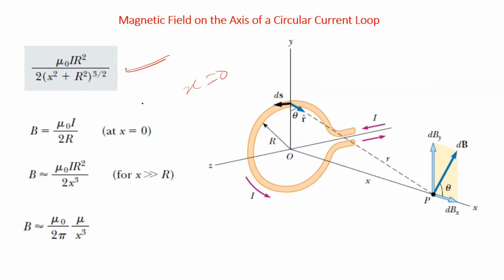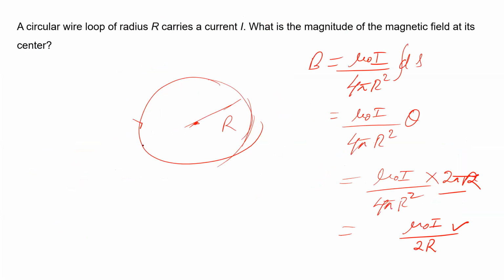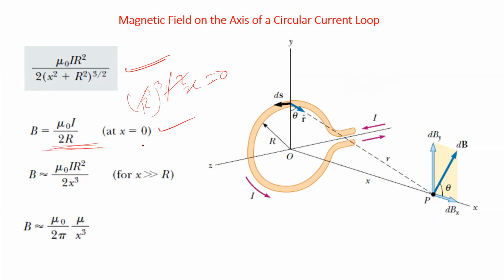Finally we get r square to the power 3 by 2, that is r cube, and the r square above cancels. So mu 0 I by 2r at the center of the circular current loop. We calculate the same answer.